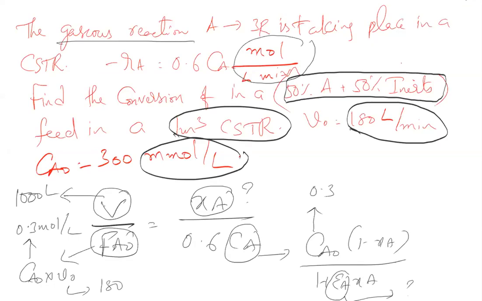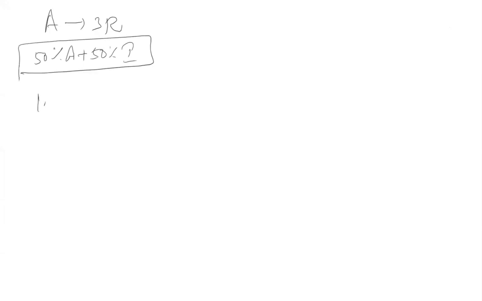A gives 3R. And here, remember, the feed is 50% A and 50% inert. So it is A gives 3R, 50% A plus 50% inert. Clear? So you take, let's say, 100 moles of feed.